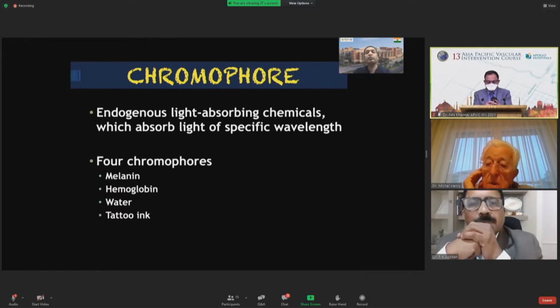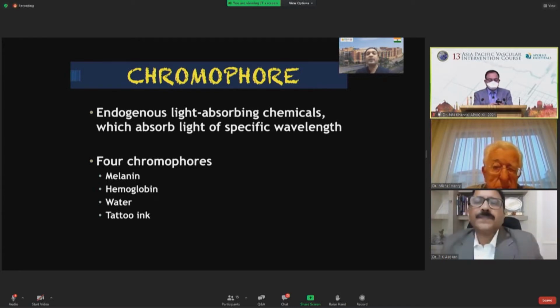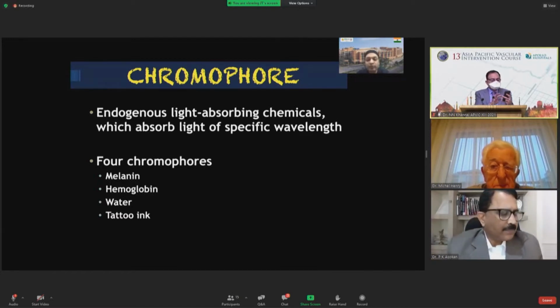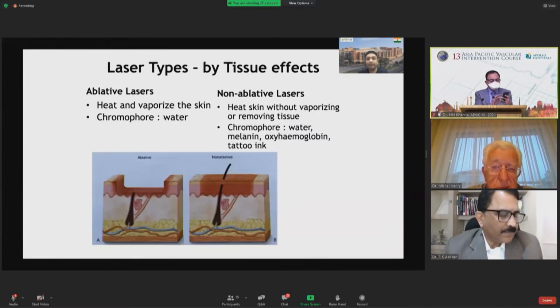So let's say when we use a laser for hair removal, the laser gets absorbed by the melanin which is present in the hair, and those hair follicles get damaged, and then you get a laser hair removal. Similarly, it happens in the tattoos. Similarly, it happens when we do the lasers of the varicose veins, where the heat energy gets absorbed by either the water or the hemoglobin. So there are main four chromophores by which the light gets absorbed.